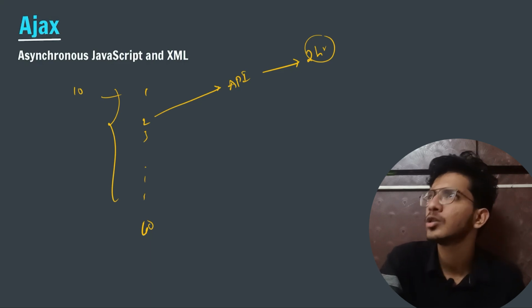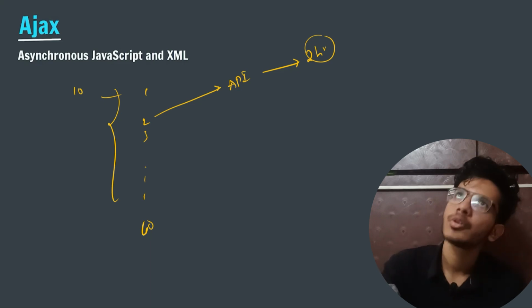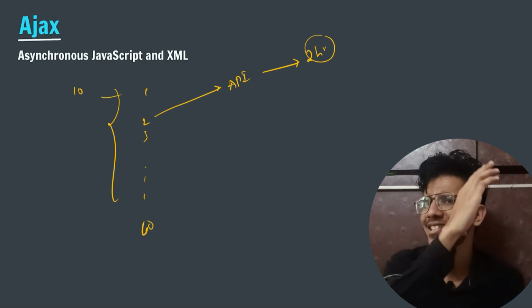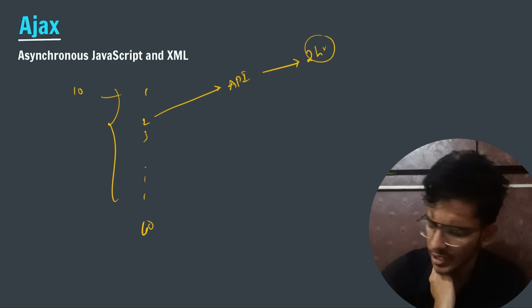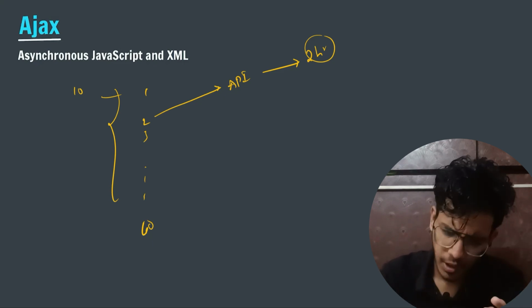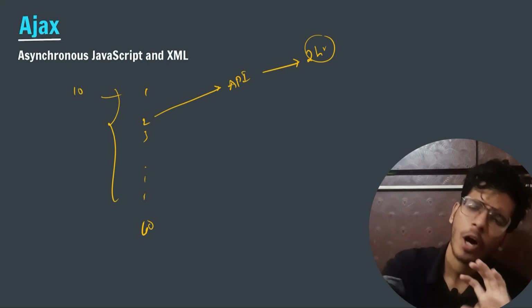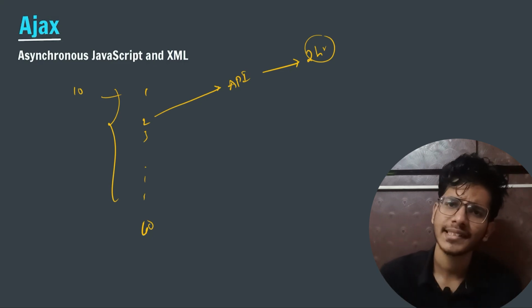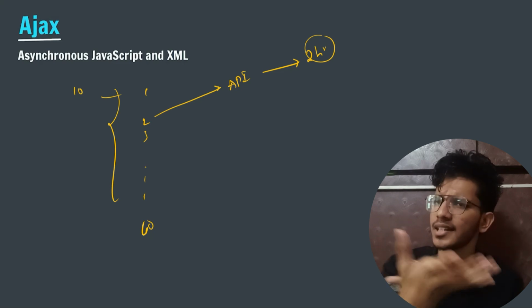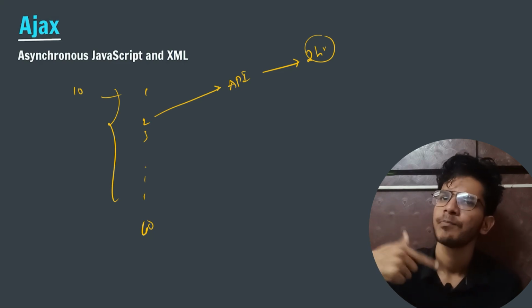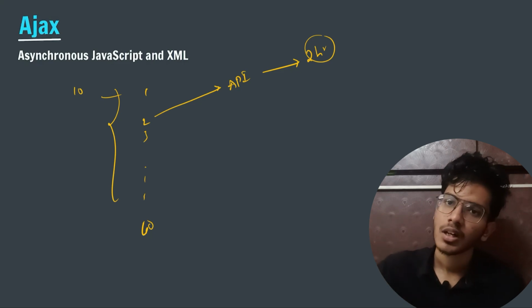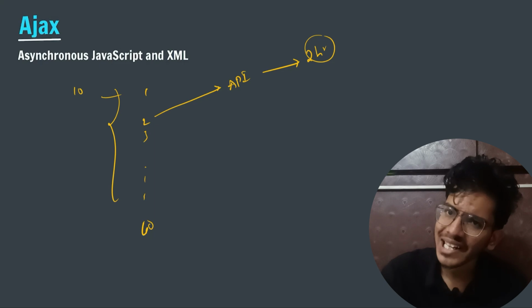For example, you want to see reels, you want to talk with your friends, your other half, your teacher, your colleagues, all these people, you want to talk to them and see reels at the same time, and at the same time you want to upload something. You want to do all these operations at the same time. So when you upload something, the API of the uploading process is taking time, but you don't want to freeze the entire browser.